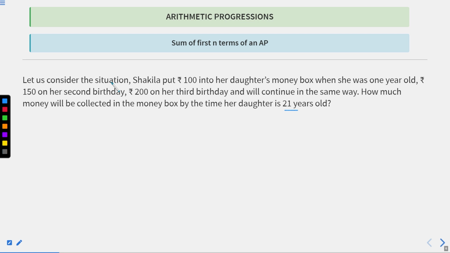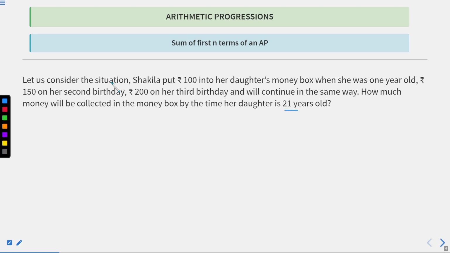Now the question is how much money will be collected in the money box by the time her daughter is 21 years old, that is, on her 21st birthday.